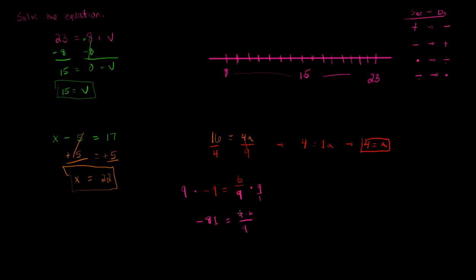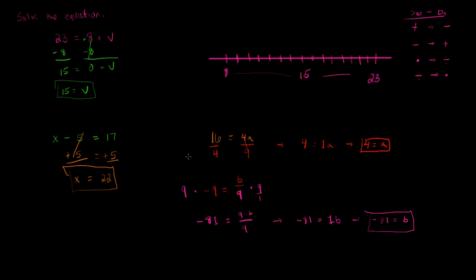You take that 9 and you divide it by 9, so you'll end up with -81 is equal to 1 times b, which we can rewrite just as -81 is equal to b. Okay. So again, when you're solving one-step equations like this, look at whatever it is that you are starting with. If you're starting with multiplication, then you should divide. If you're starting with addition, you should subtract, and then you follow through.